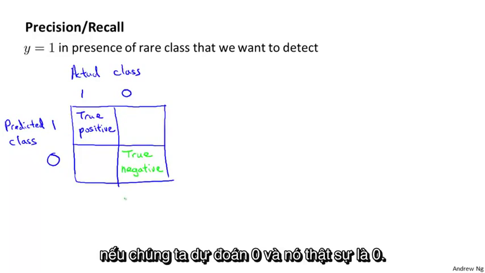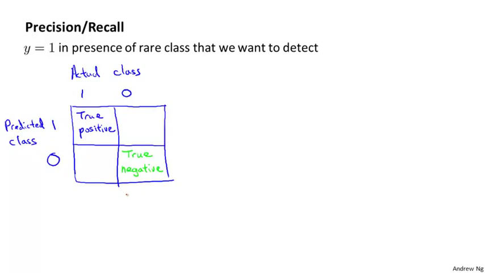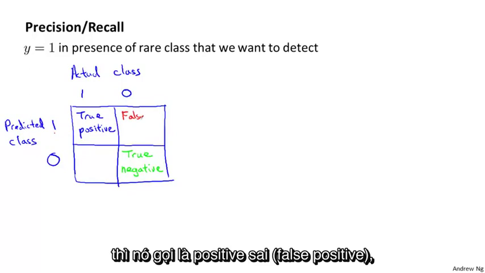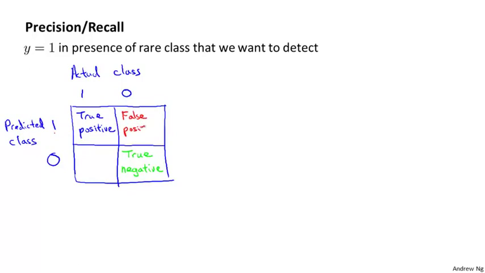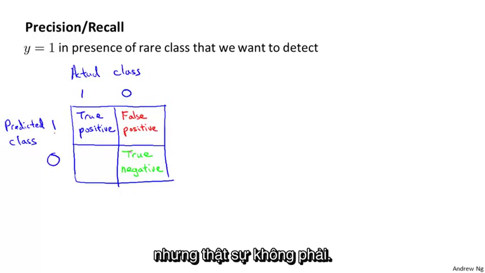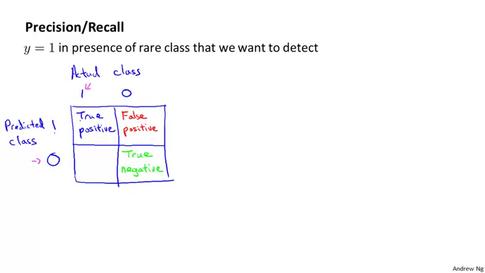We predicted 0 and it actually is 0. To fill in the other two boxes, if our learning algorithm predicts that the class is 1, but the actual class is 0, then that's called a false positive. So that means our algorithm thought the patient has cancer, but in reality the patient does not. And finally, the last box is a 0, 1.